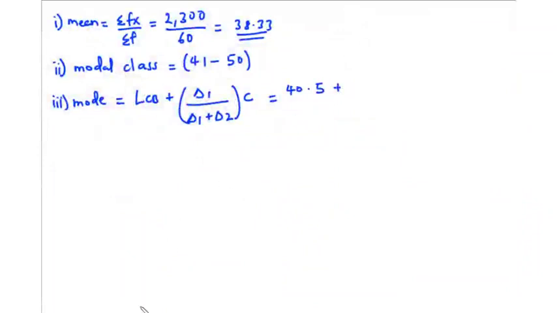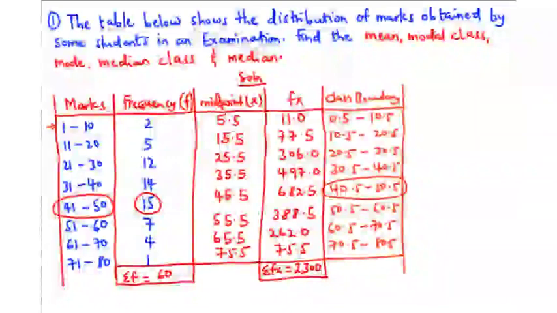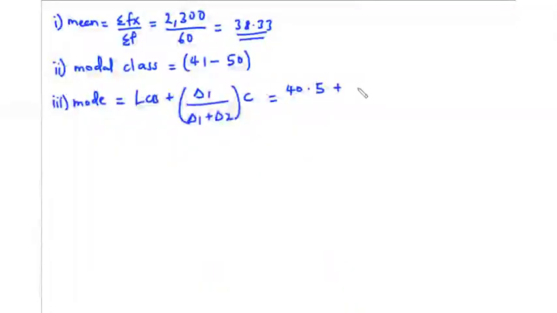plus, now delta 1 is the modal frequency minus the frequency value preceding the modal frequency. So that is 15 minus 14. So this is delta 1.